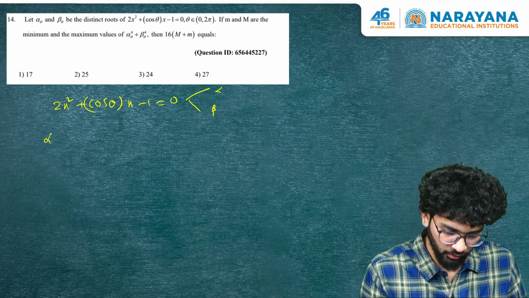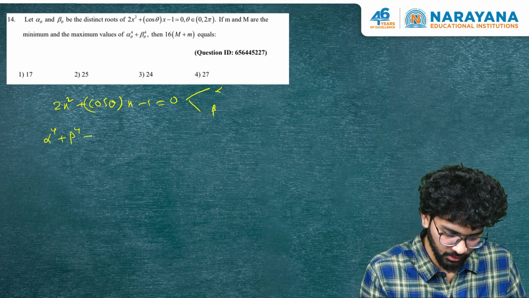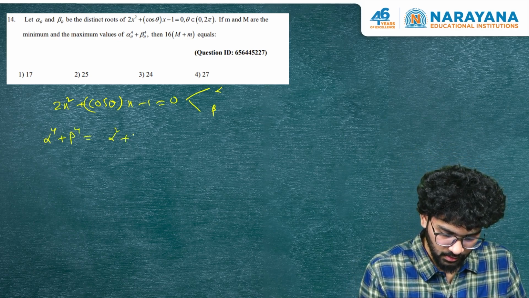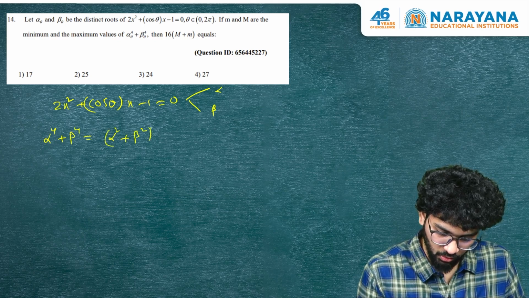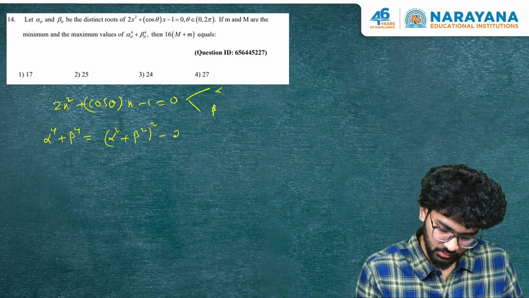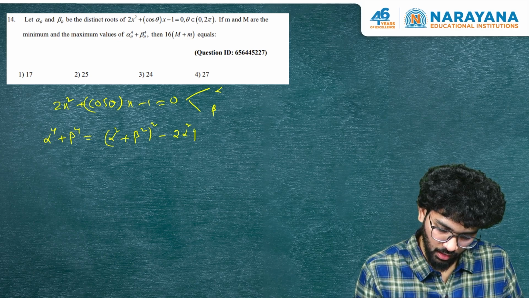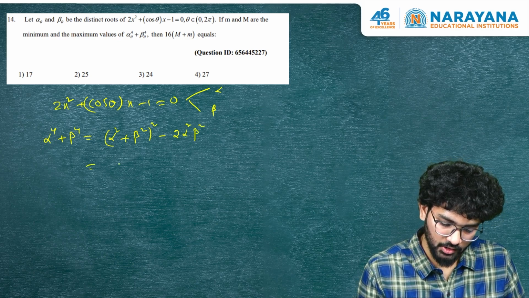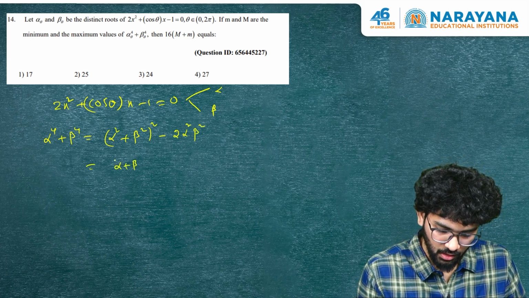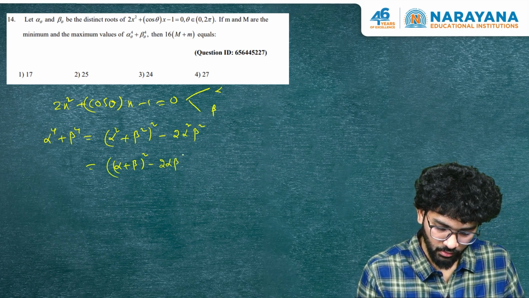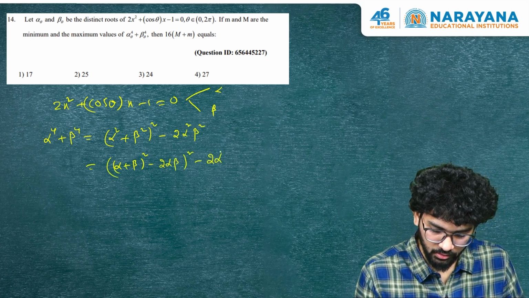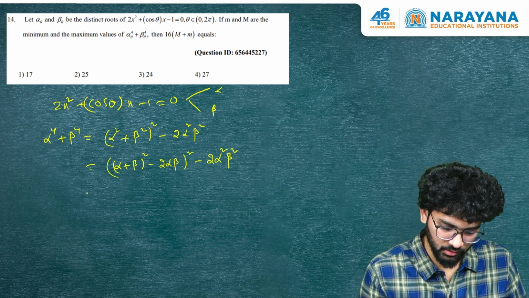To find alpha power 4 plus beta power 4, I will write this as alpha square plus beta square whole square minus 2 times alpha square beta square. Again alpha square plus beta square can be written as alpha plus beta whole square minus 2 alpha beta, whole square, minus 2 alpha square beta square.